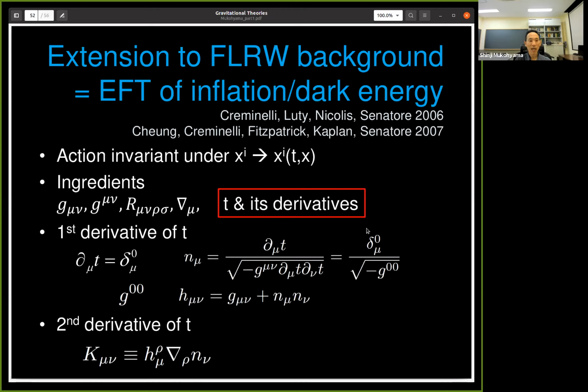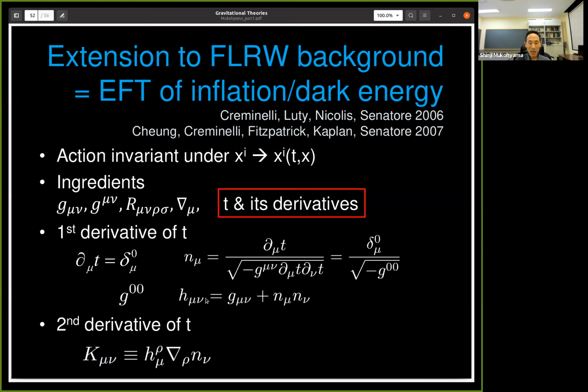So this has unit norm: n_mu n^mu is -1. Also we can use g^00 upstairs, because this is just g^{mu nu} contracted with two of these. So we can use g^00 upstairs, but not downstairs. g_00 downstairs cannot be used, but g^00 upstairs can be used in the action.